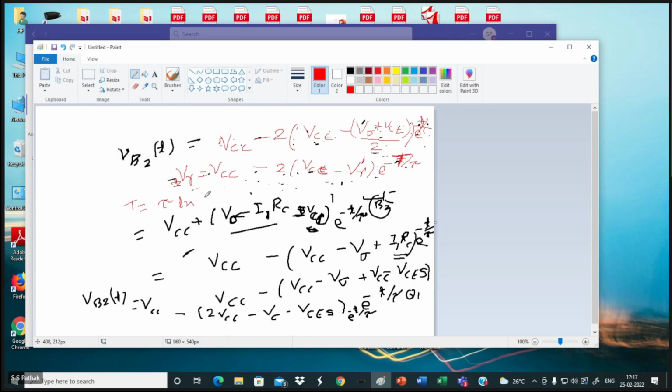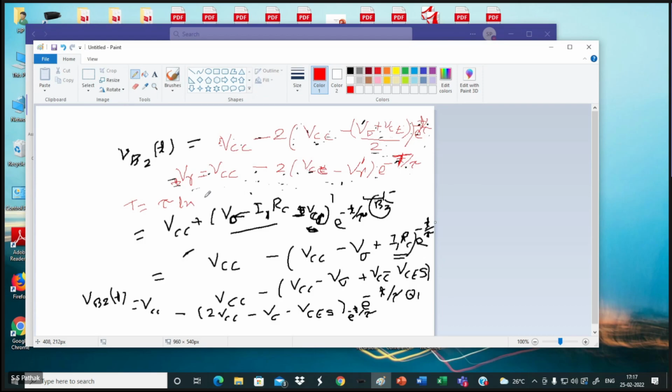And this becomes your 1. Logarithm of 1 becomes your 0. So this term becomes your 0. So your t has become approximately equal to 0.69 tau.